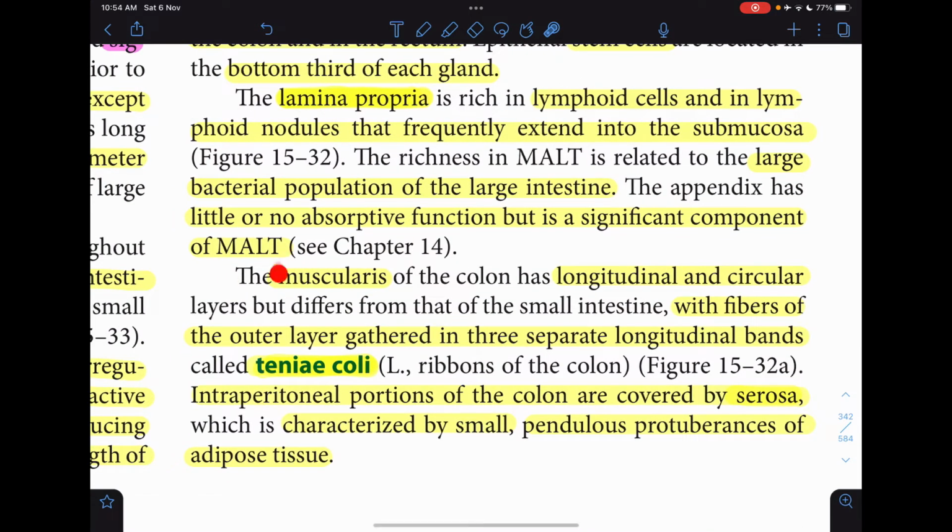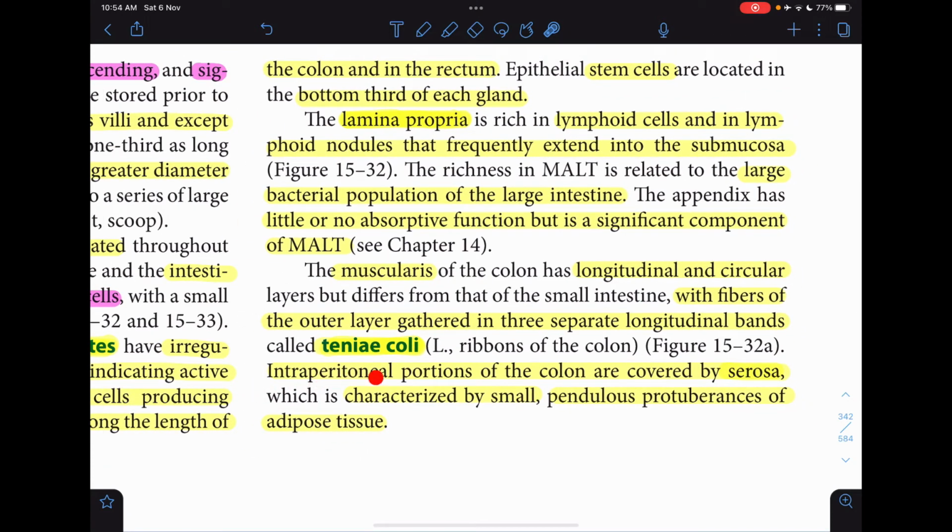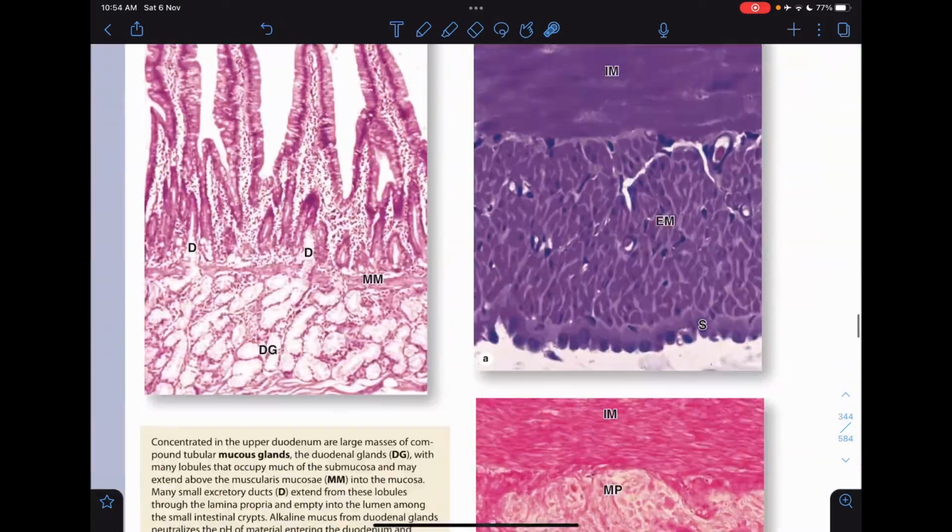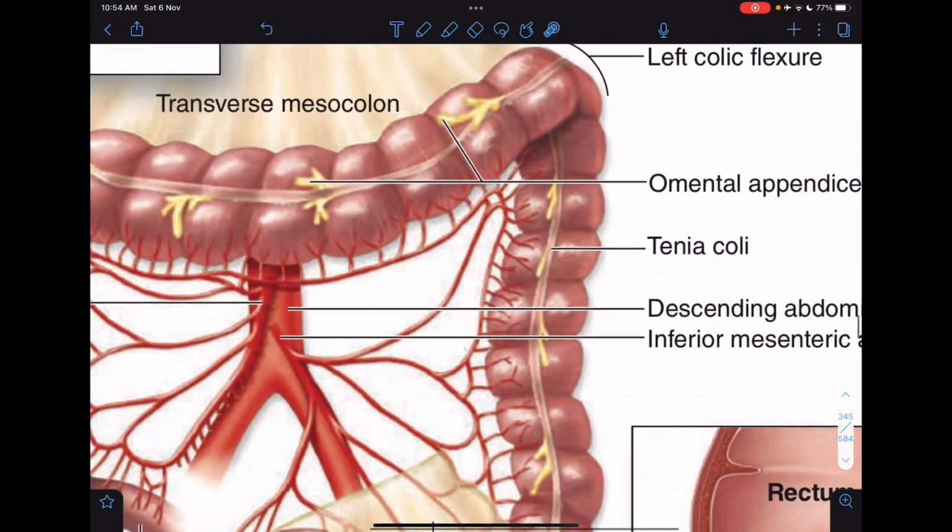The muscularis of the colon has longitudinal and circular layers but differs from that of the small intestine. Muscularis فيها fibers of the outer layer gathered in 3 separate longitudinal bands اللي هما Tinea coli, and the intraperitoneal portions of the colon are covered by serosa, which is characterized by small pendulous protuberances of adipose tissue. هلا رح نشوف adipose tissue. هيهم هدول adipose tissue.